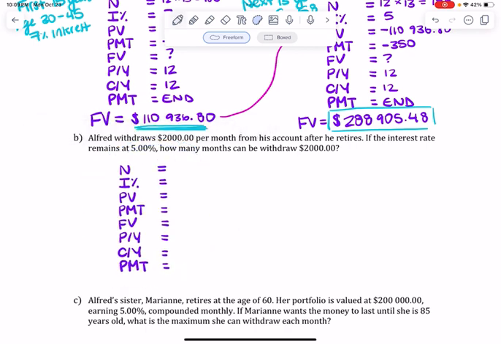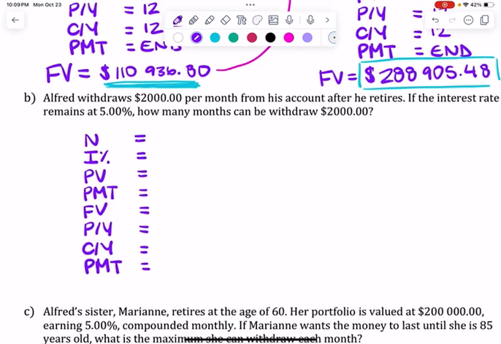Now, we've taken a look at PMT as always a repeated investment so far, but a PMT could also be a repeated withdrawal. So in this case, when he withdraws $2,000 every single month, that's going to be what goes into my PMT. It's going to be positive because it is in fact a withdrawal.